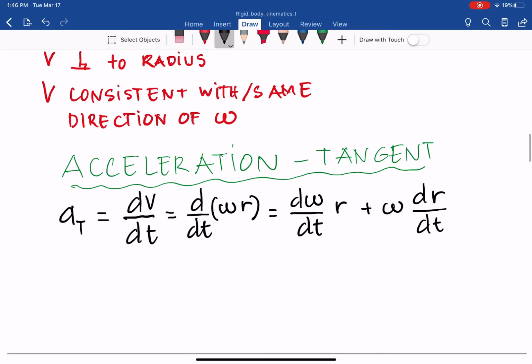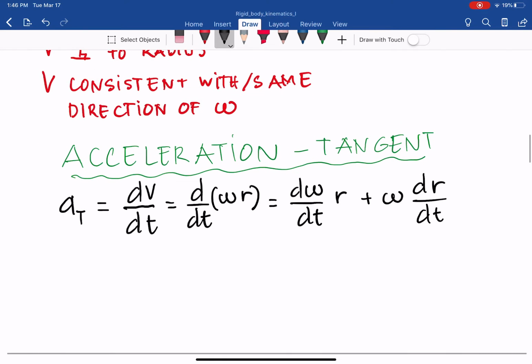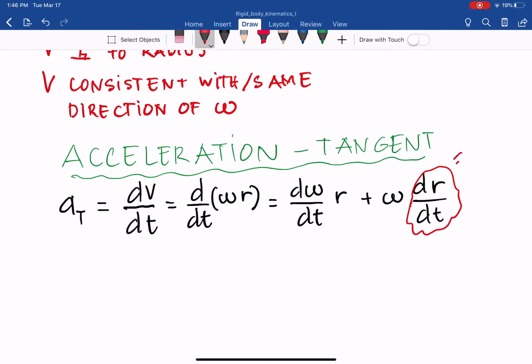So the derivative should be equal to 0. So we can have this one equal to 0, because r is always constant for the rigid body.